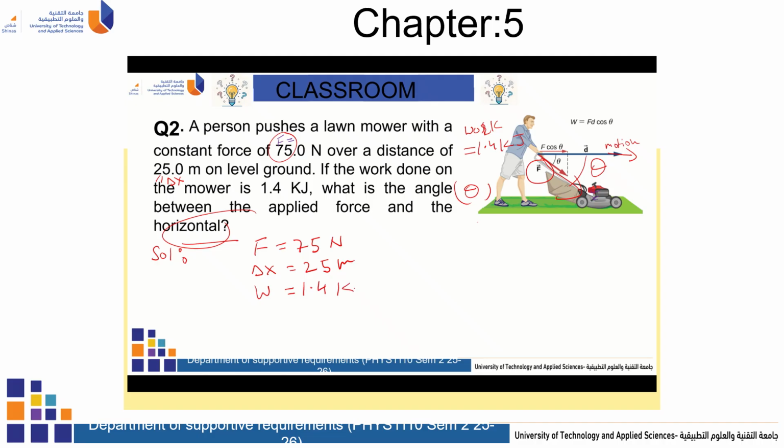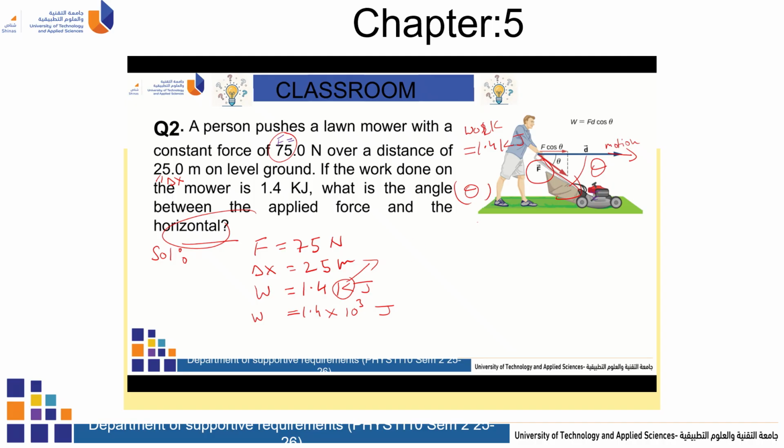The unit of work is joule, not kilojoule, so we have to eliminate the kilo. In terms of joule, the value would be 1.4 multiplied by 10 to the power 3, making it in the unit of joule. This is the work value given.